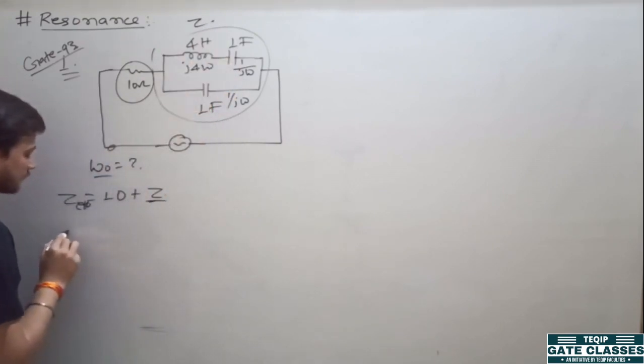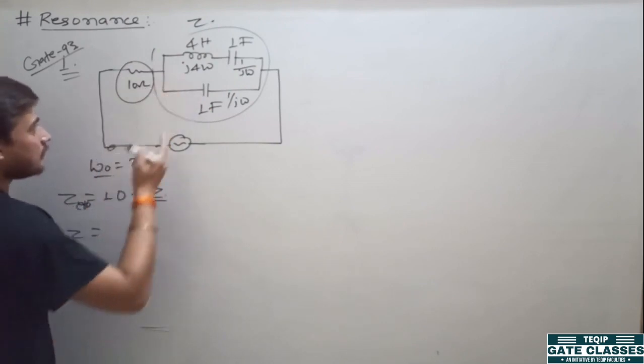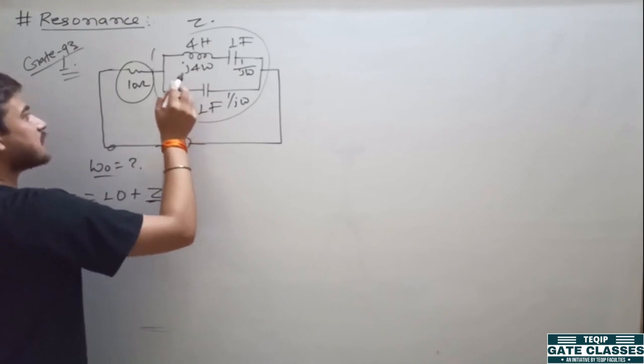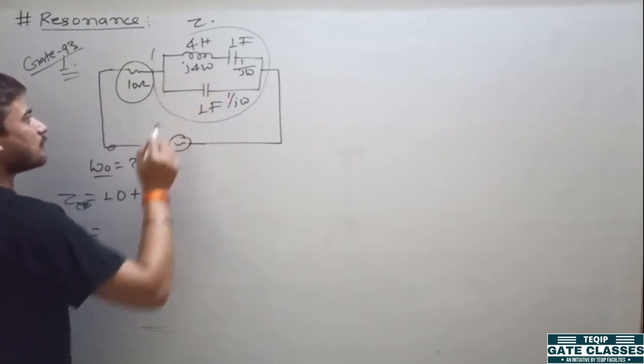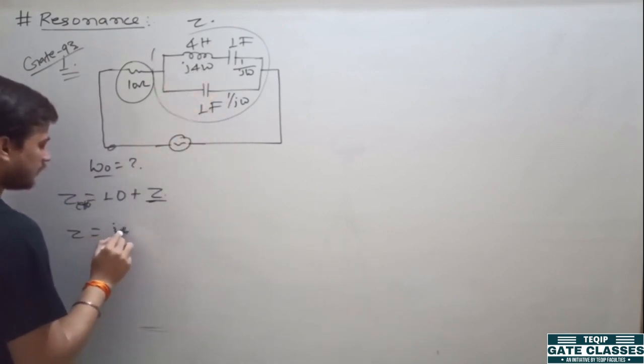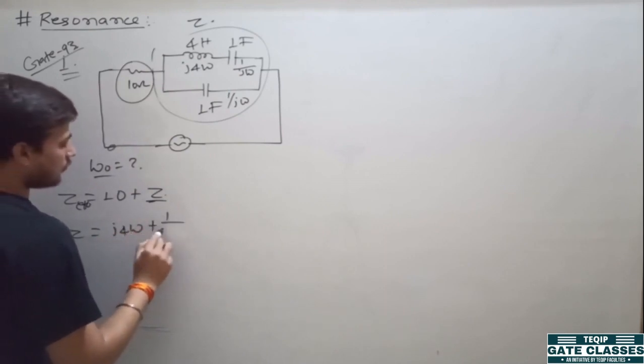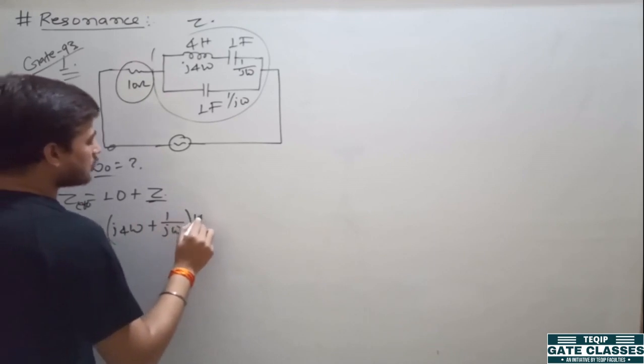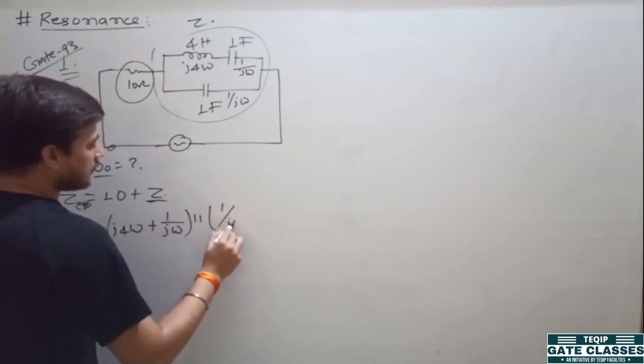Now if you write the expression for Z, these two branches are connected in parallel. For the upper branch, it will be j4 omega plus 1 upon j omega. Clear? Now it will be in parallel to 1 upon j omega.